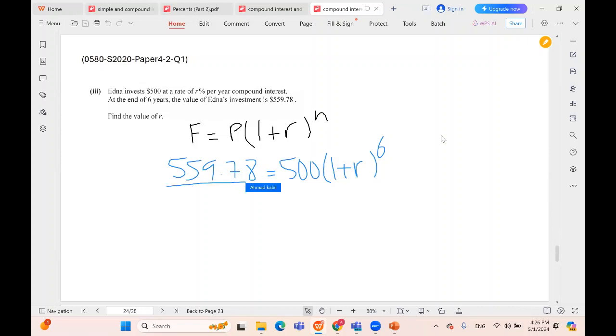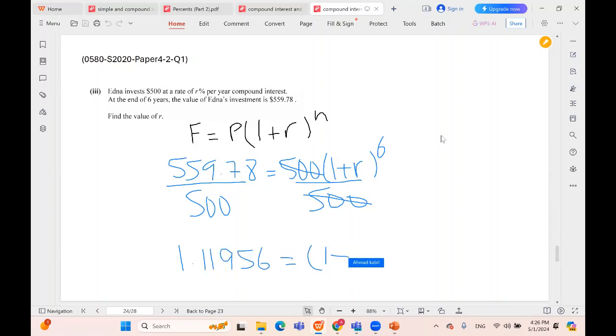You can divide both sides by 500 here. So these cancel out, and you get 559.78 divided by 500, which is 1.11956. And this is equal to 1 plus R to the power of 6. Now we can raise to the reciprocal power, 1 over 6 on both sides. So 1.11956 to the power of 1 over 6 is 1.019.